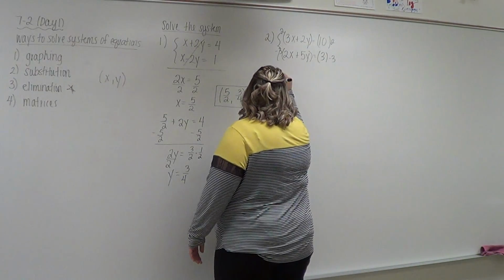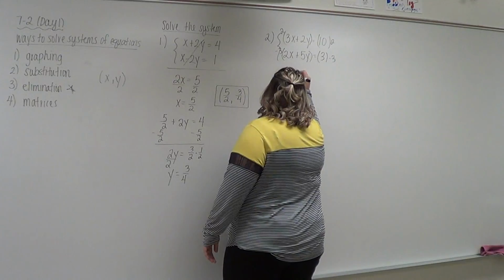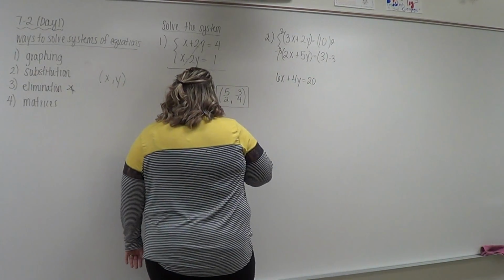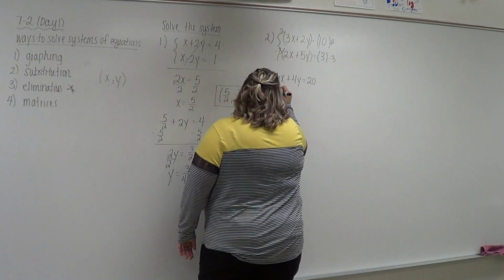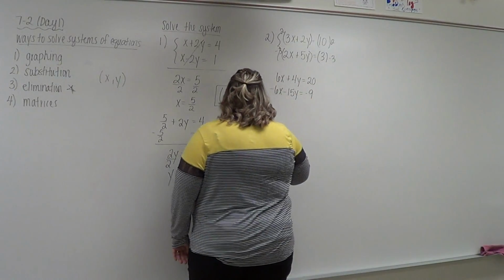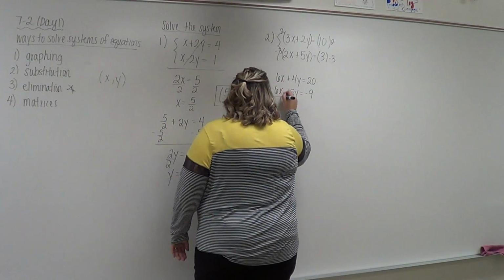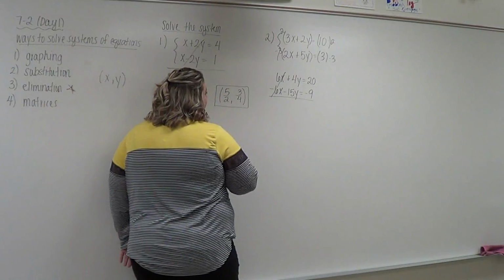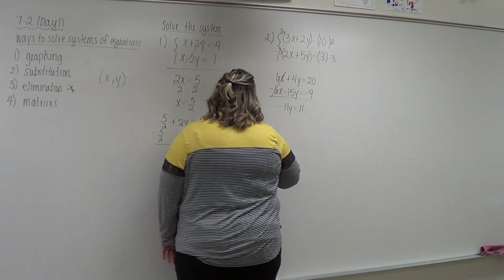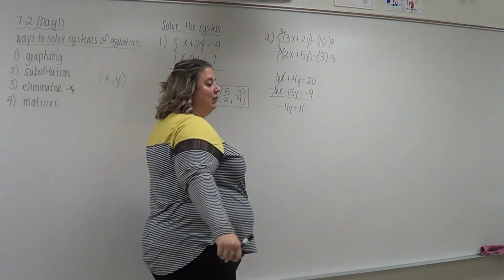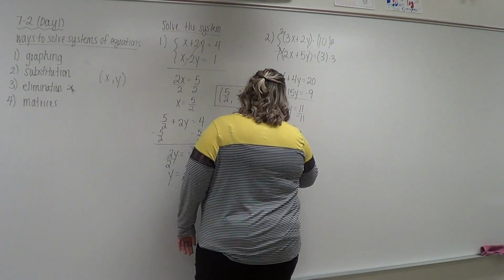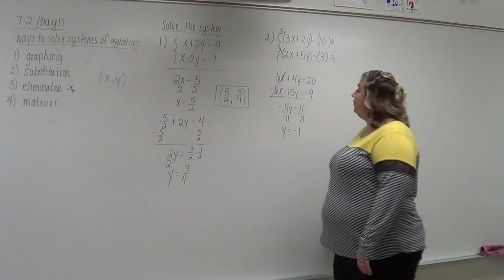So my first equation would be 6x plus 4y equals 20. Then my second equation would be negative 6x minus 15y equals negative 9. The x's cancel. Negative 11y equals 11. Then divide by negative 11, so y equals negative 1. Then plug it in.